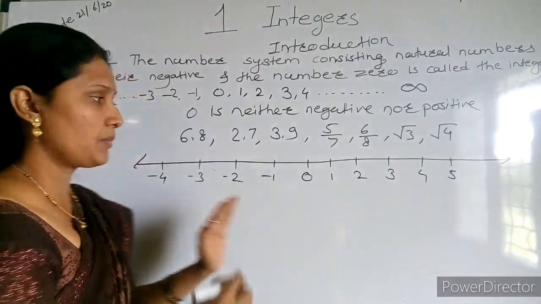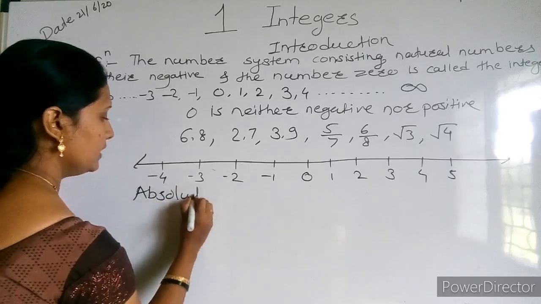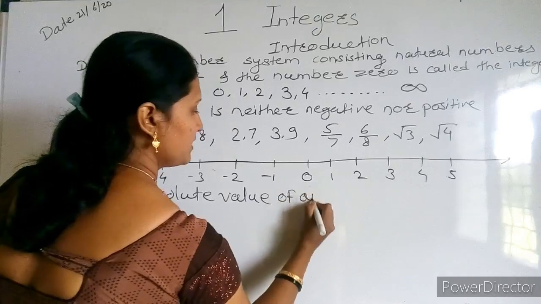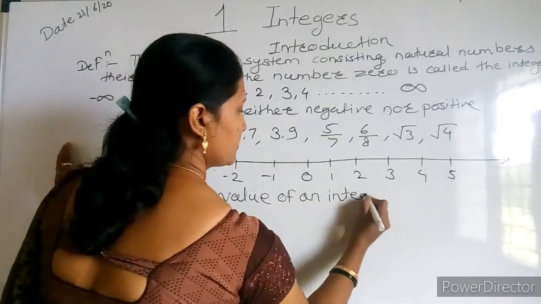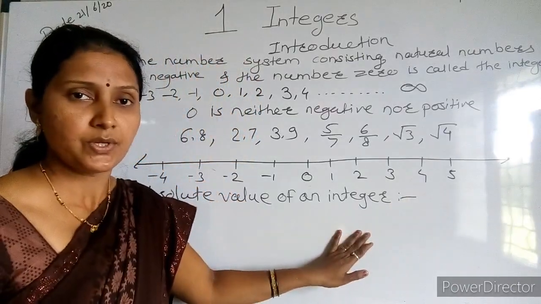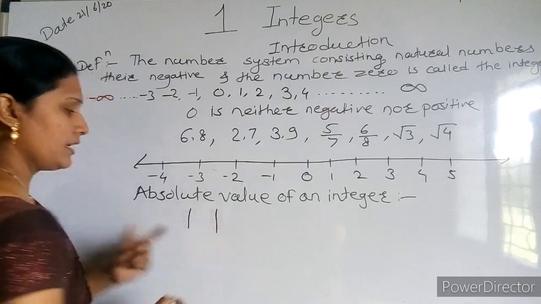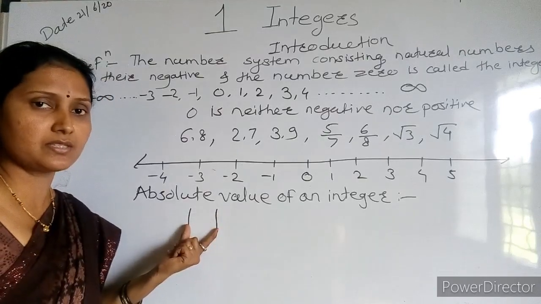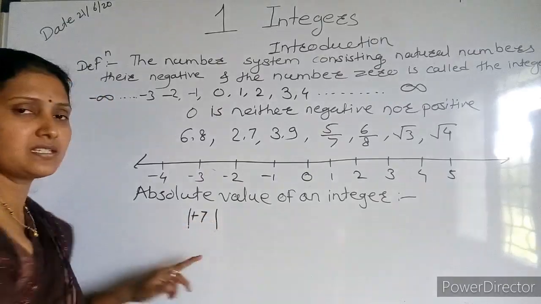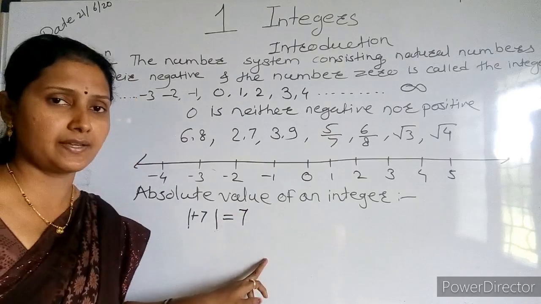Now the next point is the absolute value of an integer. The absolute value is denoted by two vertical bars. If it is +7, we write |+7| is equal to 7.